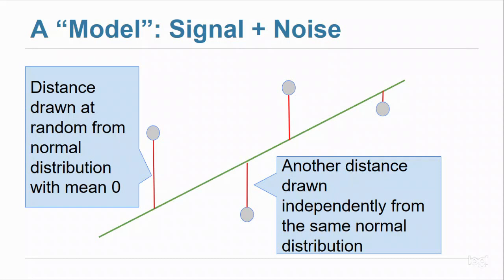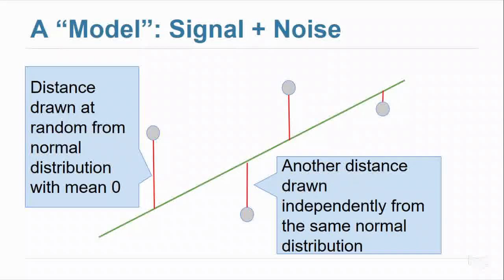The model, the assumptions about how the data were generated that we're looking at, say that the data is generated as a signal plus a noise term. The signal refers to the fact that we believe that we have x and y coordinates being generated in the following way. For a given x, the y is the slope of some kind of line times x plus the intercept of that line.